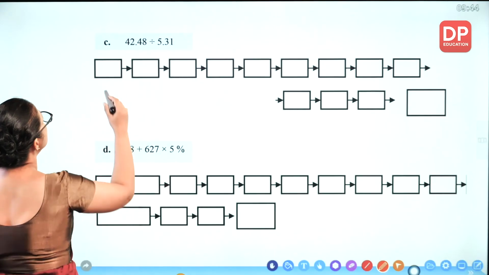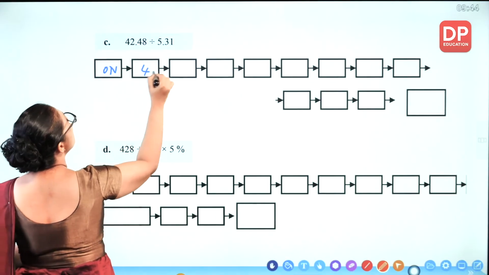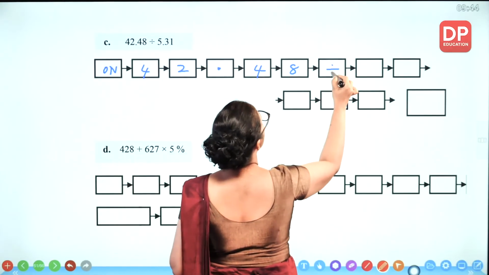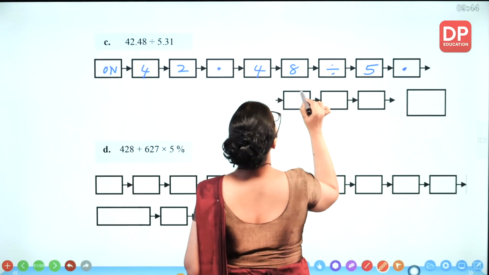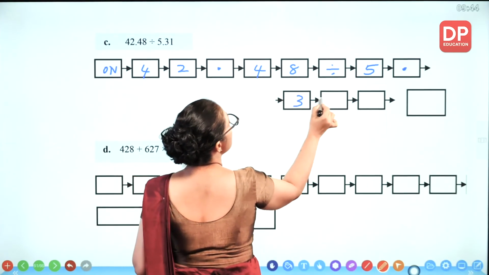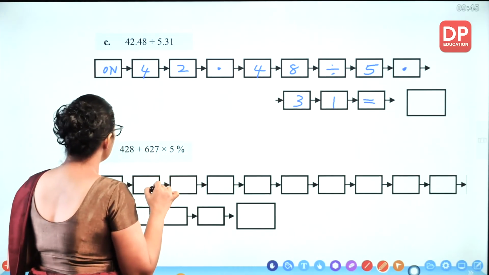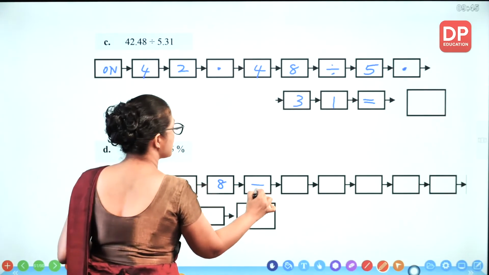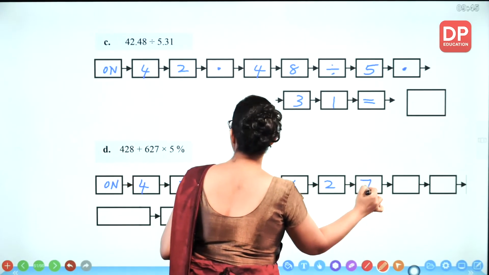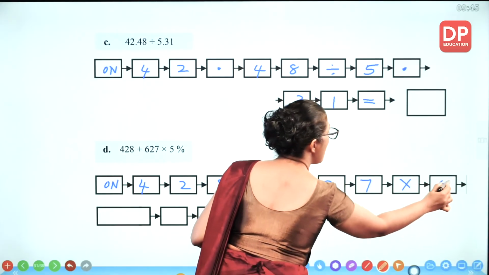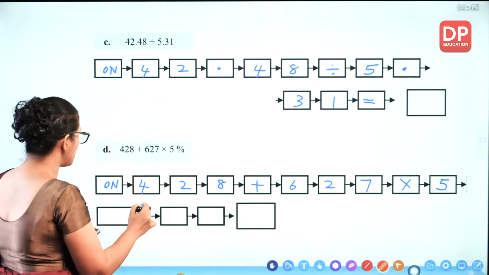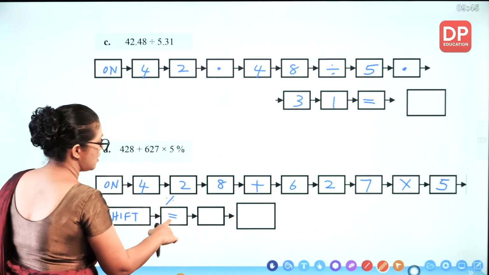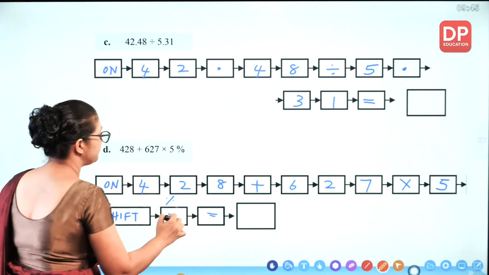This one, switch on the calculator. 42.48 divide by 5.31. This one, switch on. 428 plus 627 multiplied by 5, now percentage sign. For the percentage sign you have to use shift, and the percentage sign, then you get the equal sign.